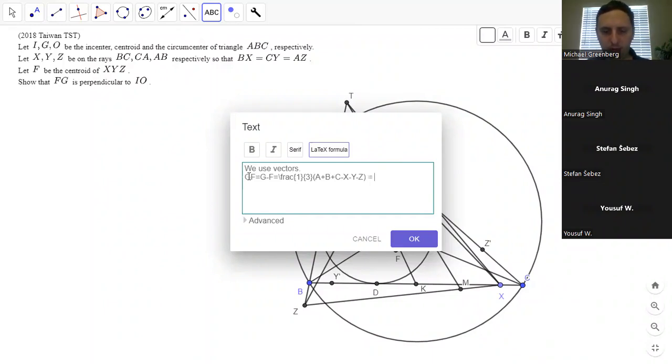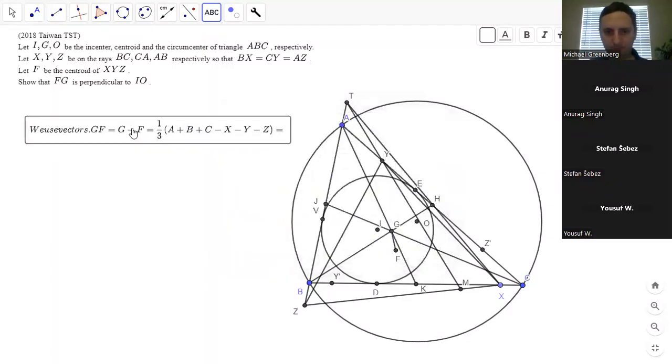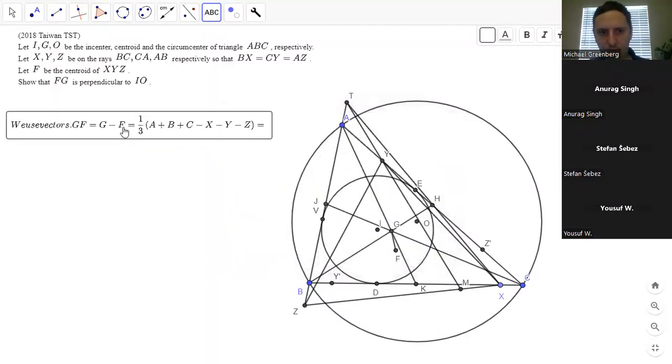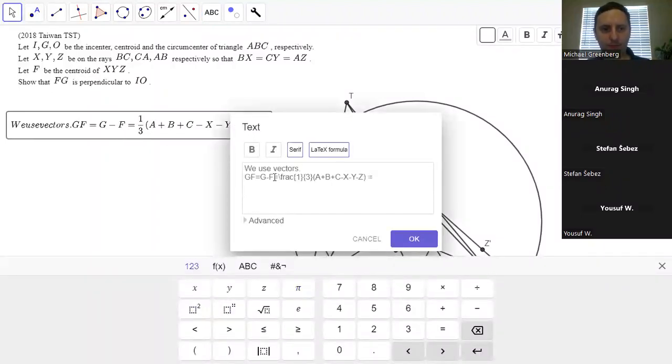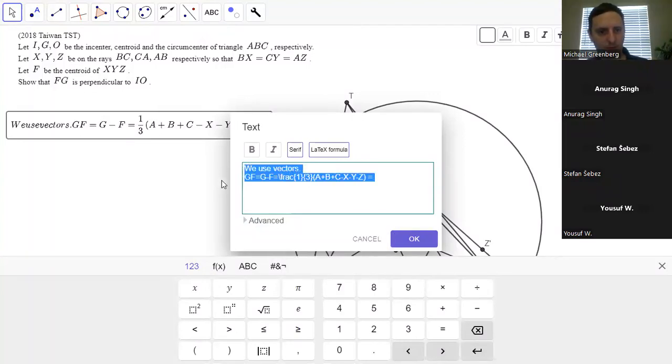And so x. So yeah, oh yeah, I should split this into two.